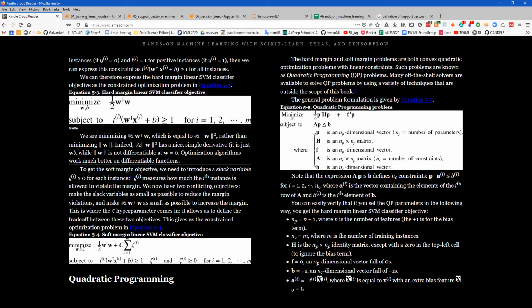No, I mean, if you make C large, that means you have to trade off by making the sum of the zetas, the sum of the slacks, small. If you want to minimize this whole thing, the slack variables have to be small, which means that when you drive up C, you're driving down the margin violations. Yeah, I think that makes sense.